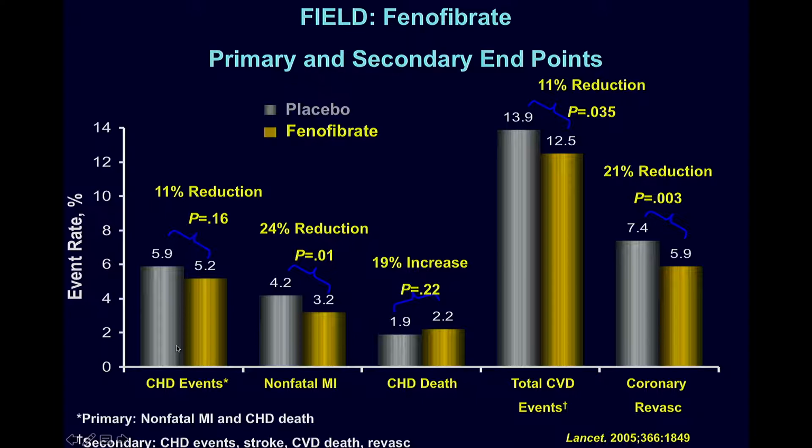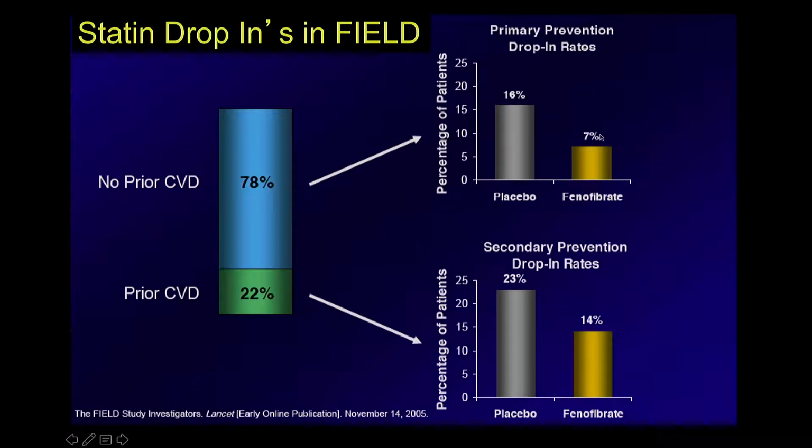this led to a quandary. Now, if one analyzes FIELD, unlike VA-HIT, where there was no statin use, in FIELD a disproportionately higher number of patients in the placebo group received a statin, and maybe this modulated the benefit that might have been seen in FIELD.